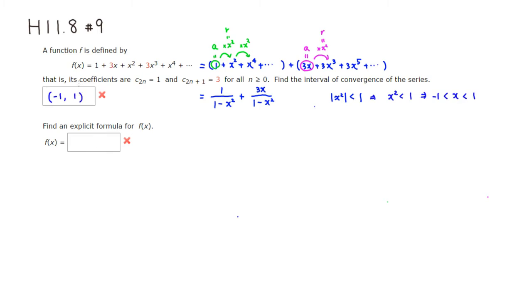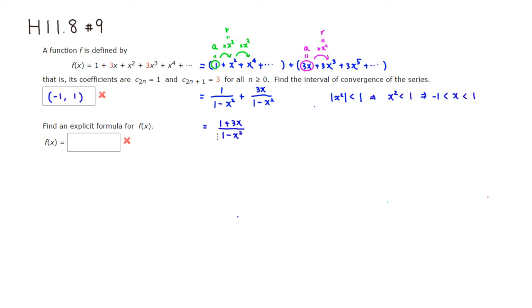Then we want to find the explicit formula. We just have to combine these two, so you have 1 plus 3x over 1 minus x squared.